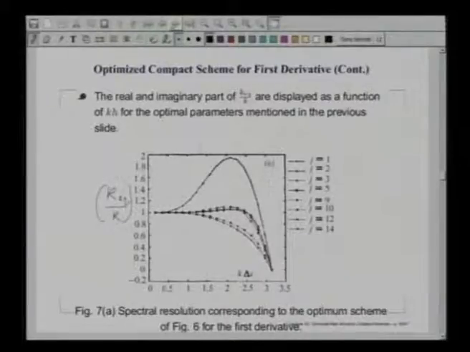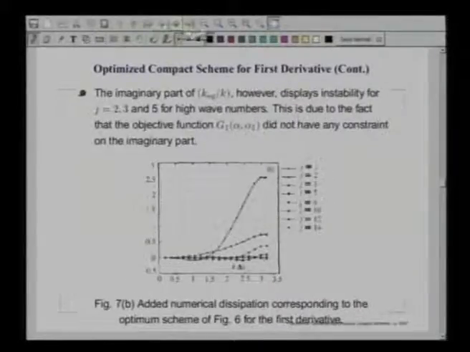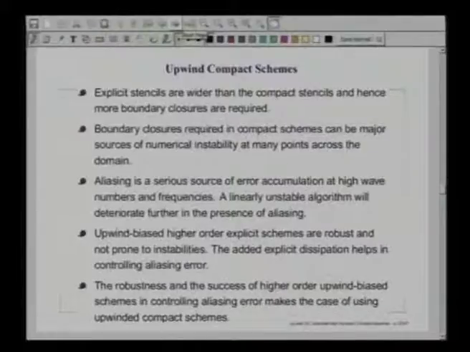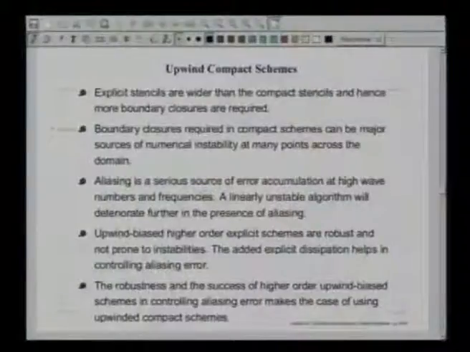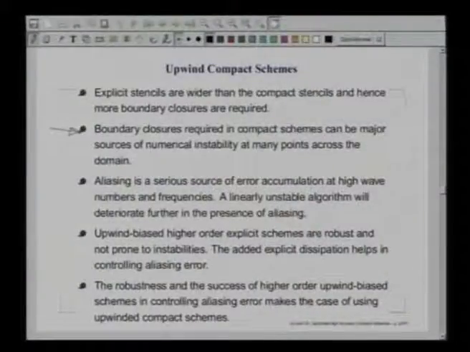We needed upwinding, and that is the reason we need to resort to upwind compact schemes. We also need to worry about boundary closure, because the major problem was coming from j equal to 1 and 2. So, that is a major issue that we must pay attention to in boundary closure.